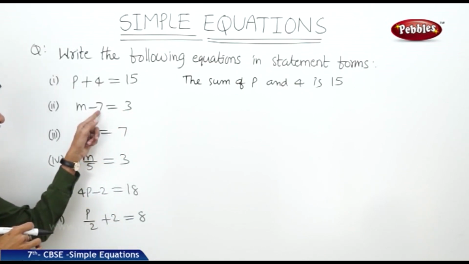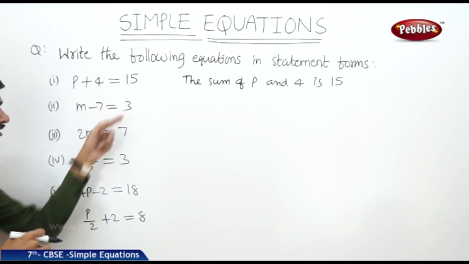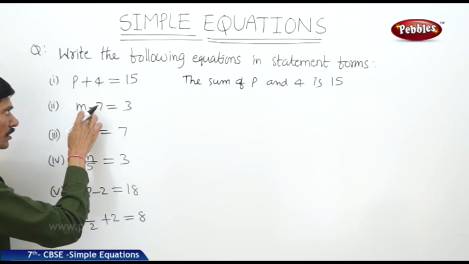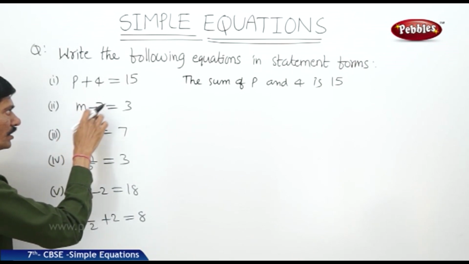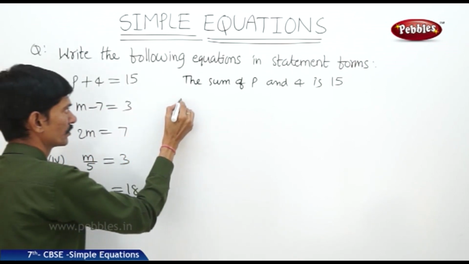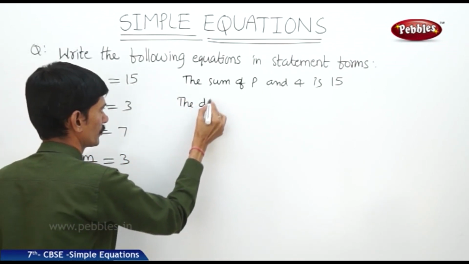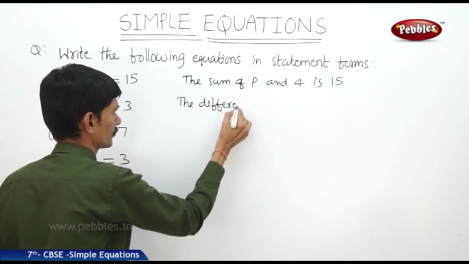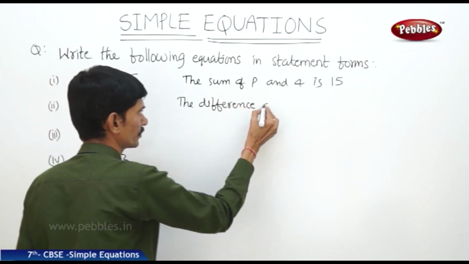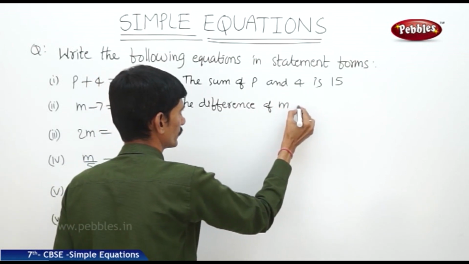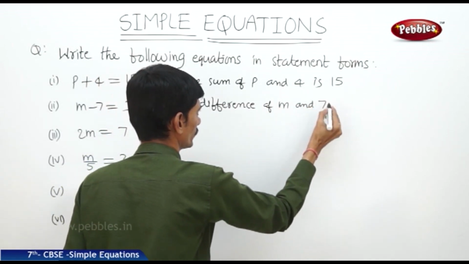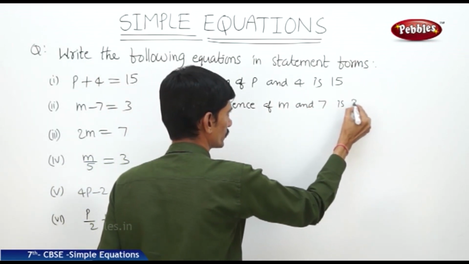Here 7 subtracted from m gives 3. Or we can write the difference of m and 7 is 3.